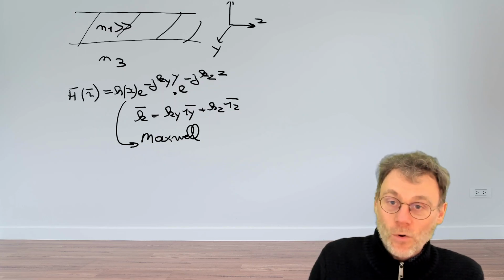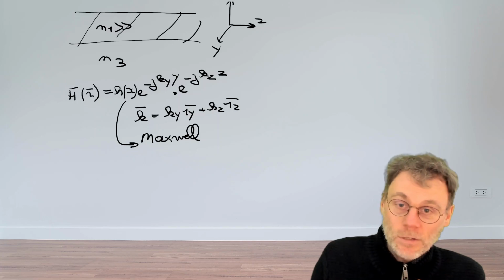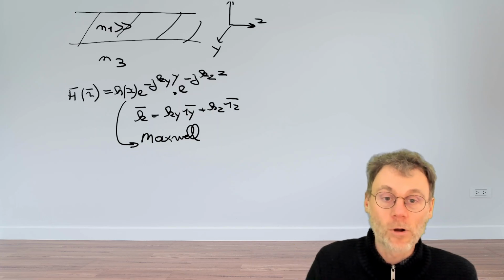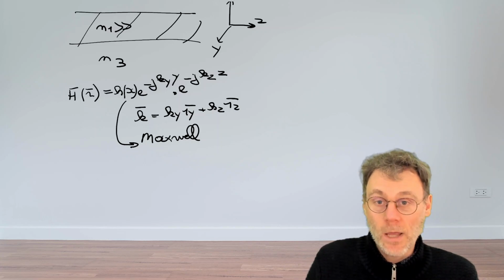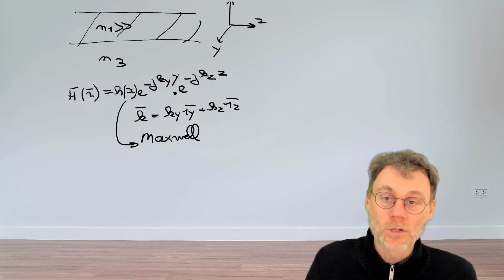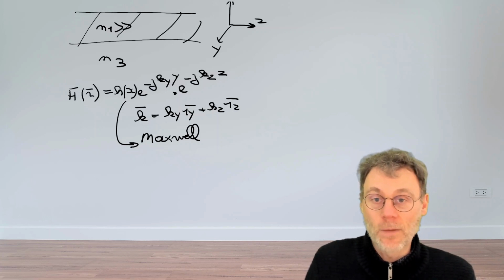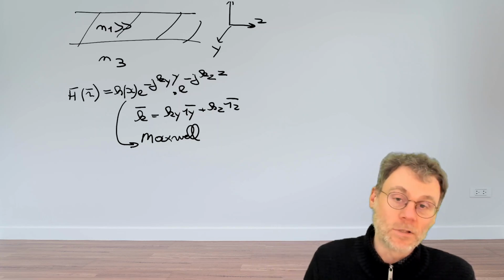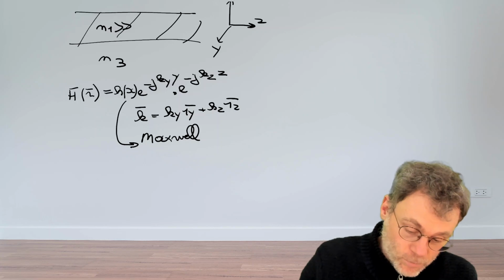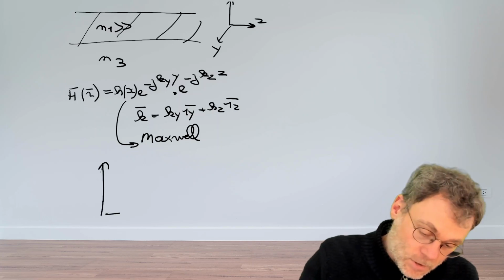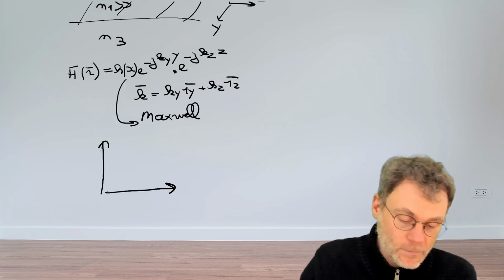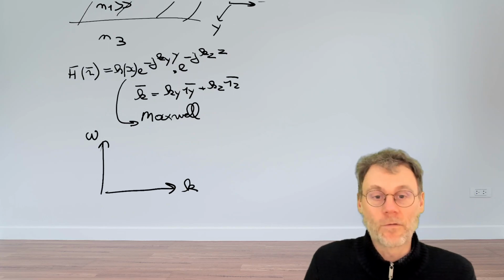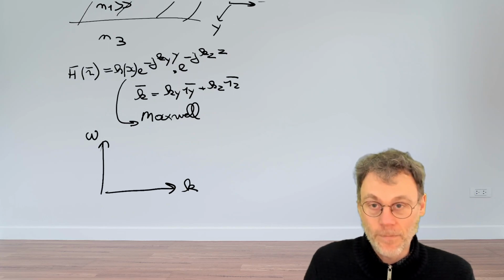Okay, so let's take Maxwell's equations and let's solve those, perhaps numerically. Doesn't really matter for our purposes here. And let's try and make an inventory of all the different solutions that we have. So for example, we solve at a certain frequency and we see what are the different k values that can exist. And then we can plot them in a diagram. So we can plot, for example, as a function of the k values that we have, the different frequencies that can exist.